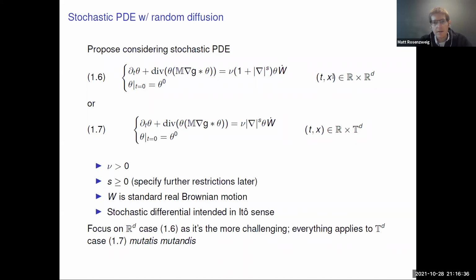And I can consider this on R^d, where I have this inhomogeneous expression right here. Or I can also consider this on the torus, and I can drop the 1 over here. I have this homogeneous expression. The reason for this distinction is because if I'm in the periodic setting and I have this equation, then mass is conserved.